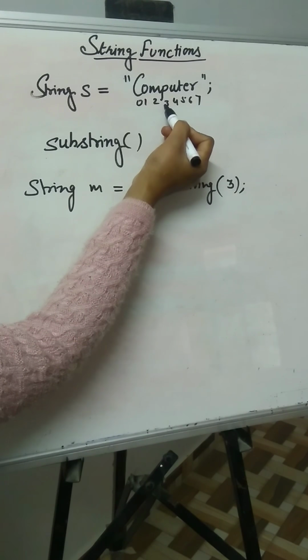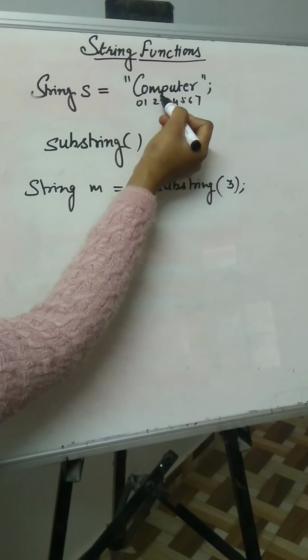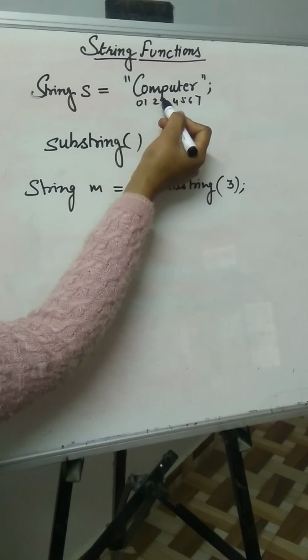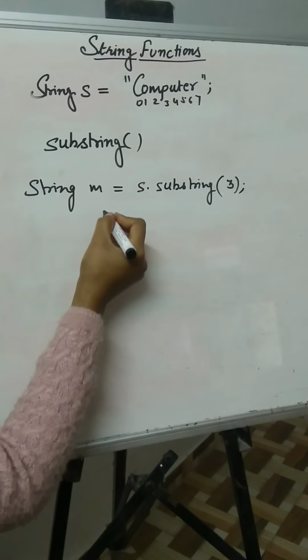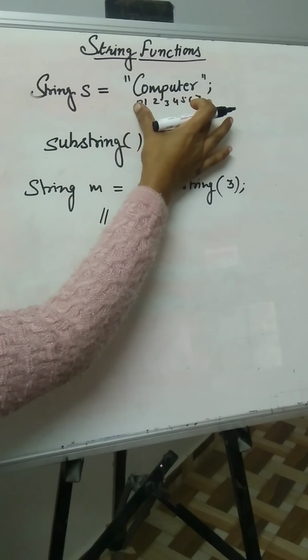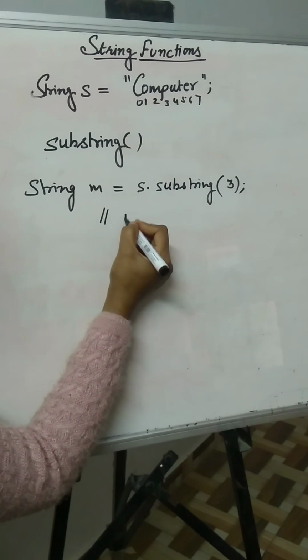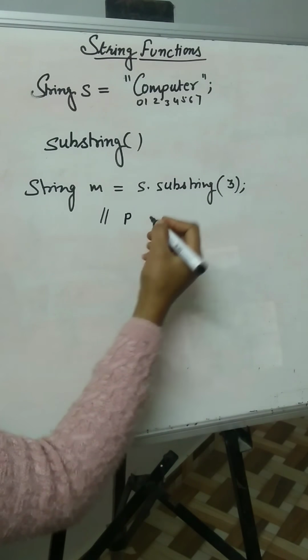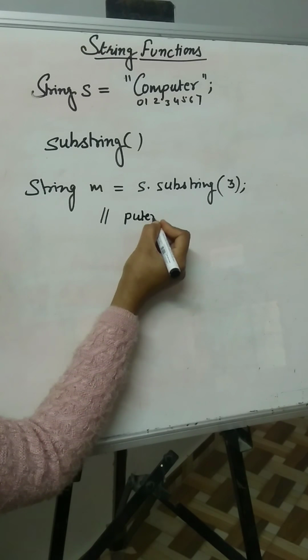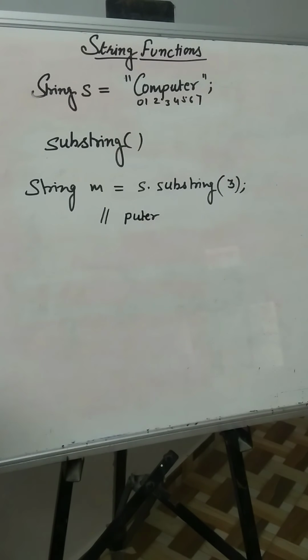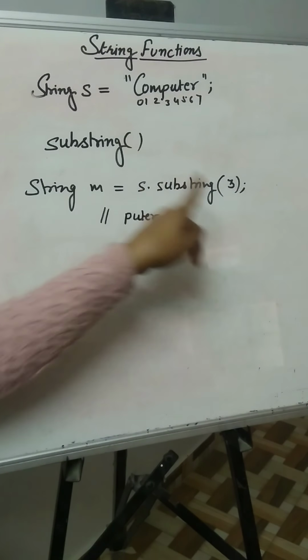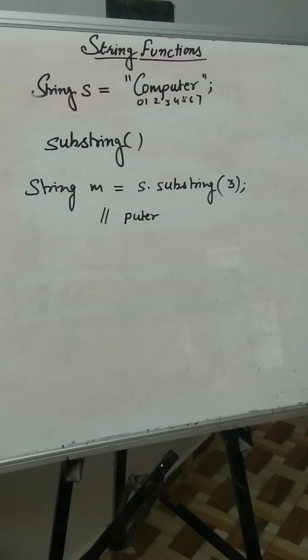The 3 index value is P. So within computer it will extract from P to the last: P-U-T-E-R. It will extract from the given index position to the last index position.